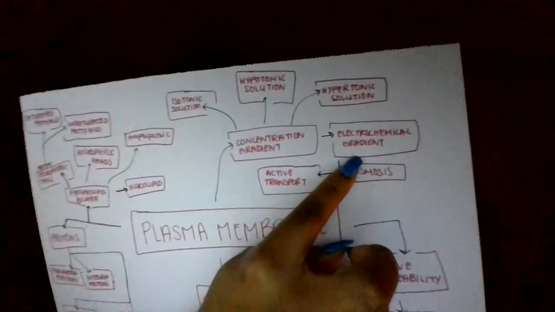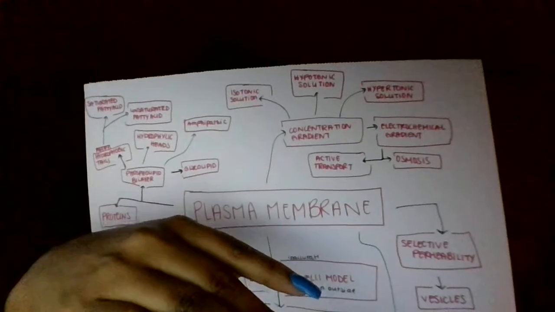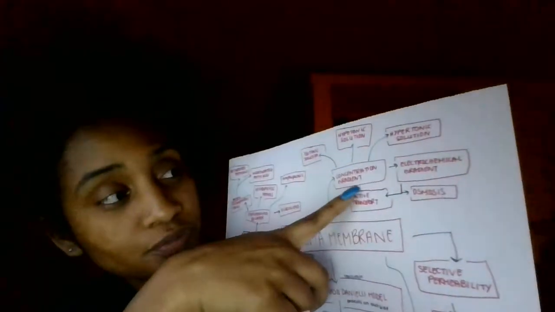Then we can go back to the electrochemical gradient, and that's a measure of ions' ability to diffuse through the cell membrane. There are different ways they can do this, through osmosis or active transport.